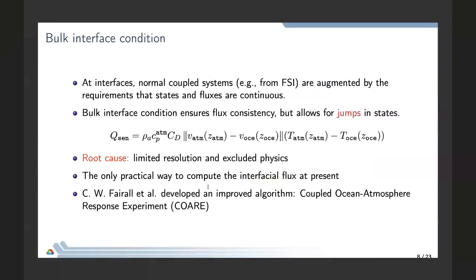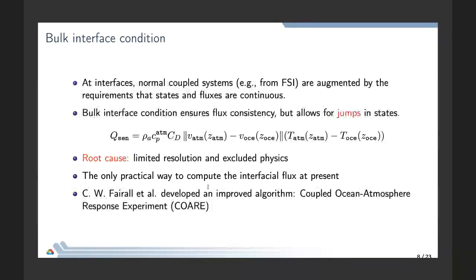We can see that the bulk interface condition is quite different from the interface conditions we normally see in other coupled systems, for example, in fluid-structure interaction problems, where the requirement is that states and fluxes should be continuous.